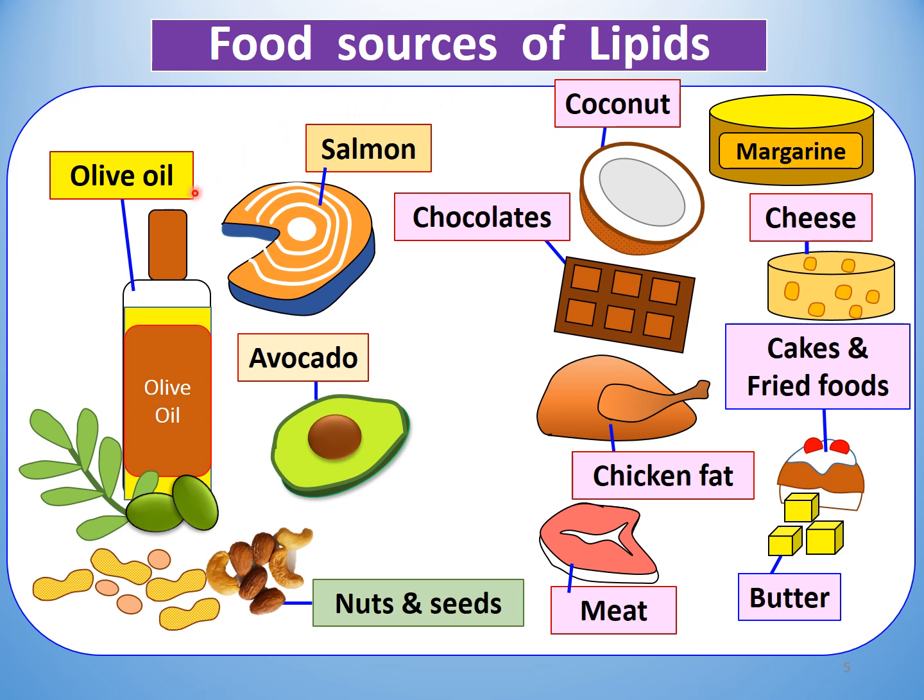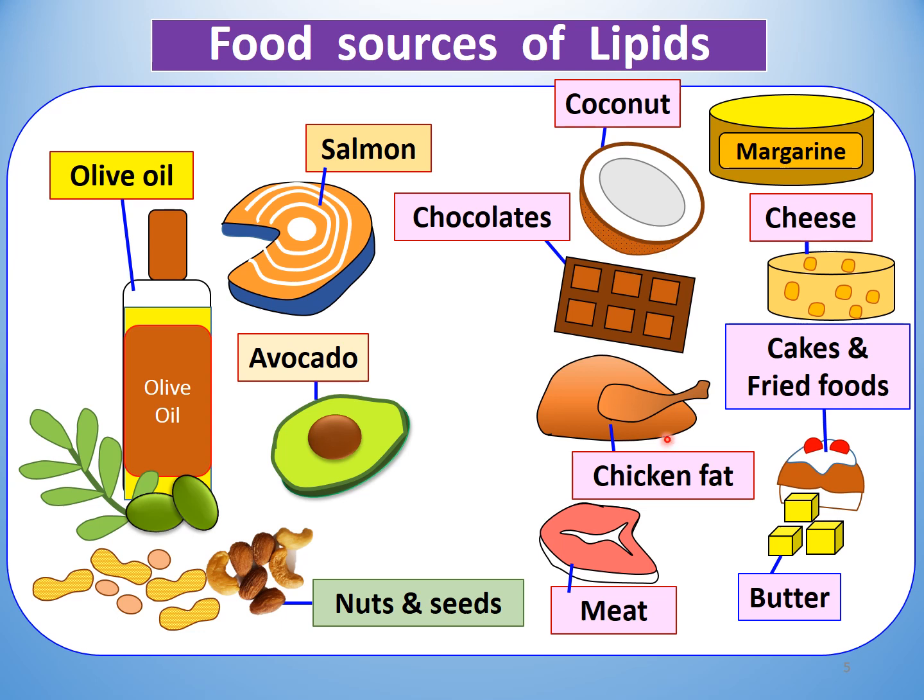Okay, here are some good fats: olive oil, salmon, avocado, nuts and seeds. All these have lipids in them. Now, meat, butter, chicken fat, they also have lipids, right?